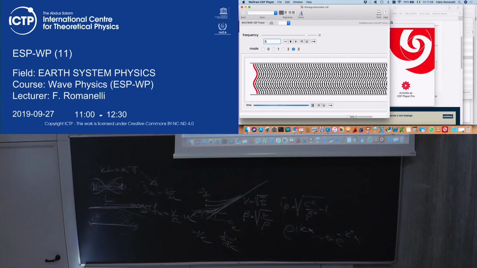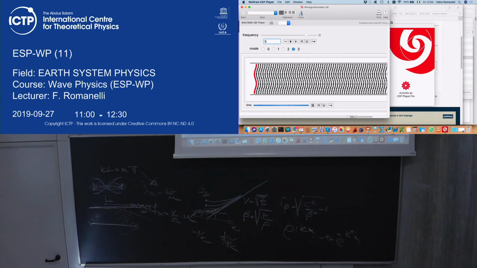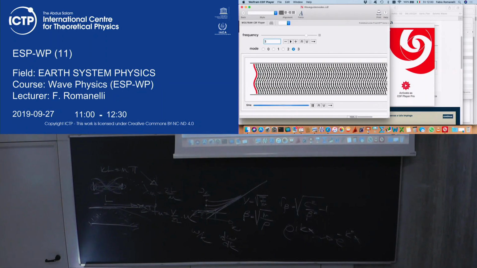You should say, no, there is nothing rigid there. But there is something that is called a low velocity channel. It's going to be called the SOFAR channel, and it is marked by an inversion of velocity. So it's not a very perfect waveguide, but it has a low velocity layer.